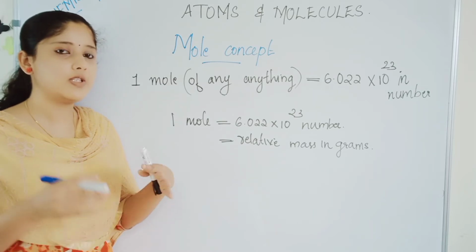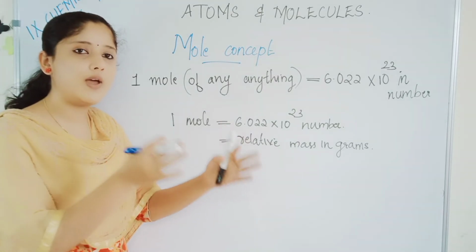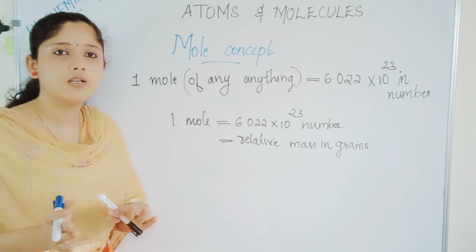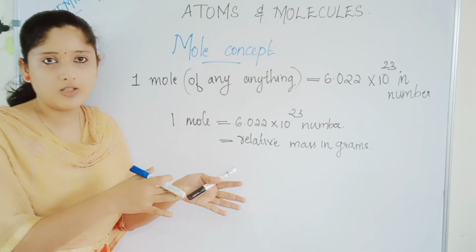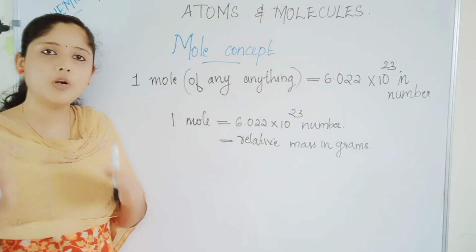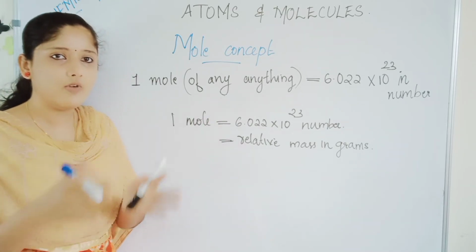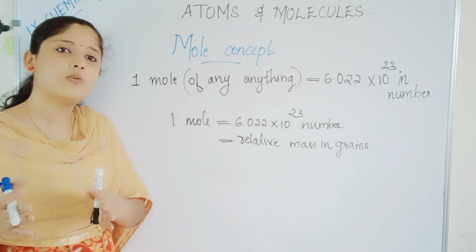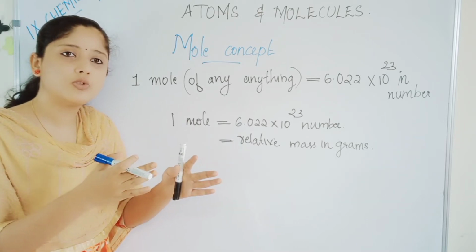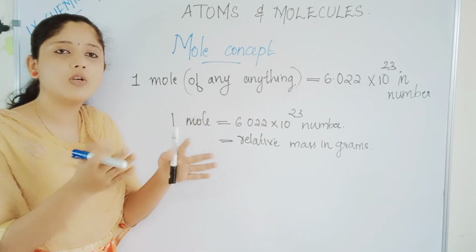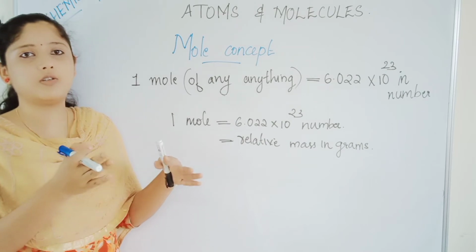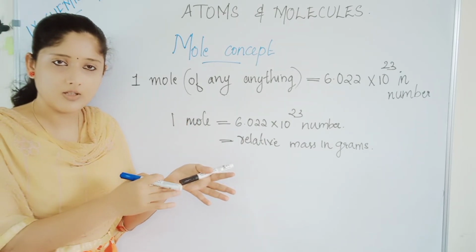We studied 1 dozen is 12 in number. 1 dozen apple is 12 apples. Similarly, 1 mole is equal to 6.022 into 10 raised to 23 in number. 1 mole hydrogen is 6.022 into 10 raised to 23 hydrogen atoms.